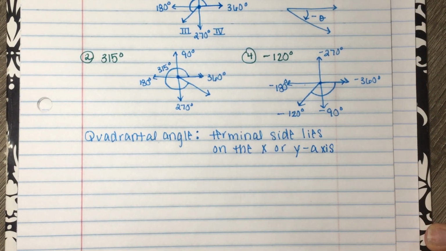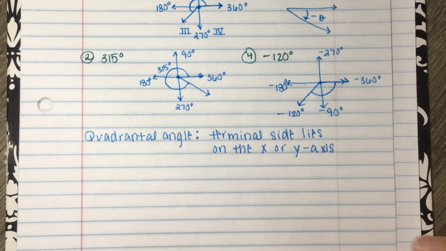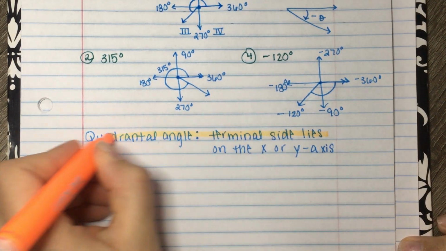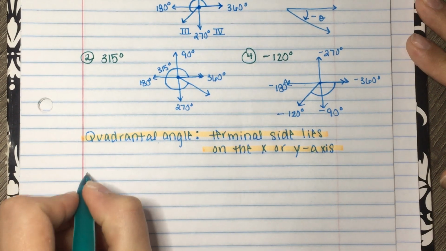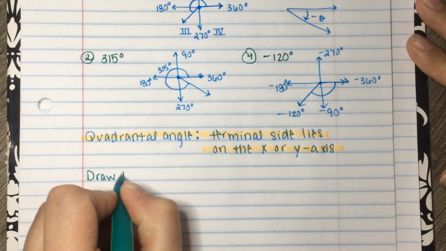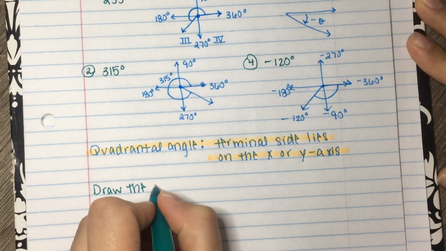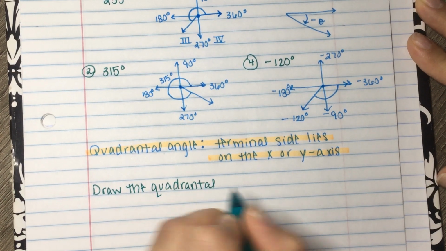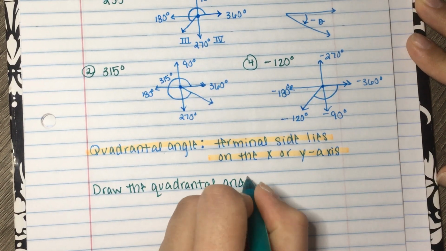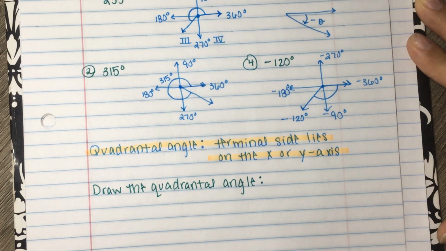So, you know, some examples here. First, highlighting that this is yet another definition. We're only 6 minutes into the video and we got 2 definitions already. You know, I could put here, draw the quadrantal angle. So just doing some work with the definition here, acknowledging that all of the angles that I'm listing here are quadrantal angles.